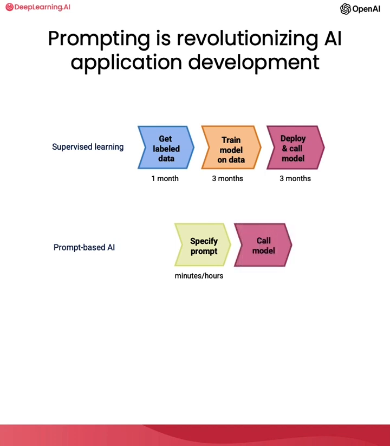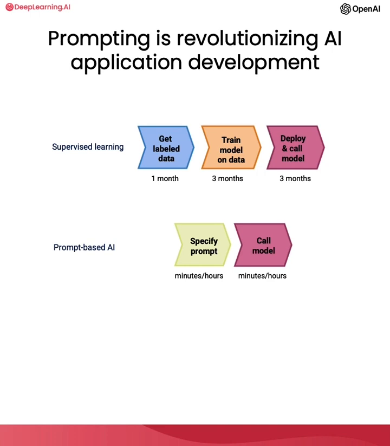And once you've done that, in just, again, maybe minutes or hours, you can start making inferences. And so there are applications that used to take me maybe 6 months or a year to build that you can now build in minutes or hours, maybe very small numbers of days, using prompting. And this is revolutionizing what AI applications can be built quickly.